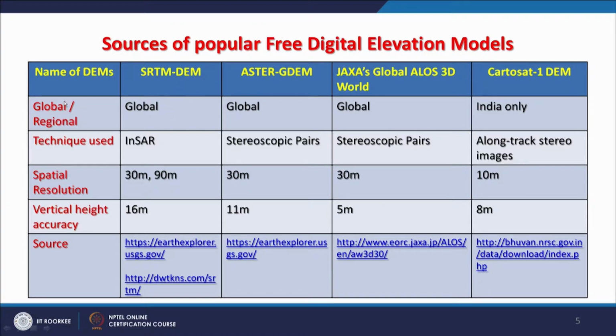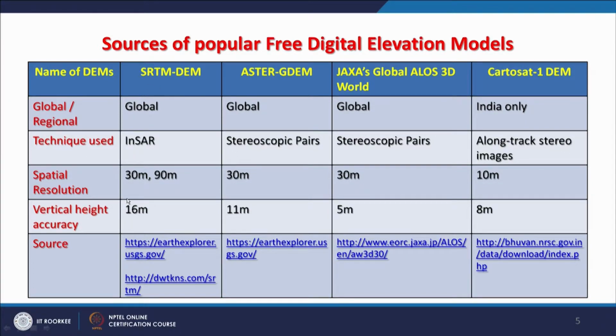Of course, it is global, about 85 or 90% of the globe has been covered. Earlier it was available at 90 meter, now it is available at 30 meter. The technique used to generate this SRTM DEM was InSAR or SAR interferometry.